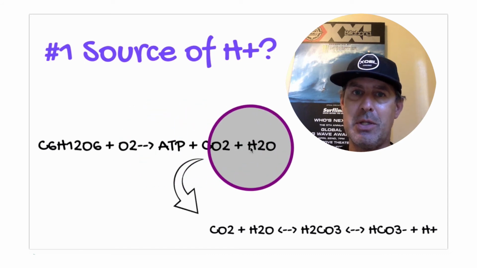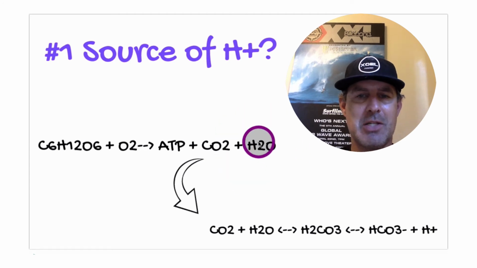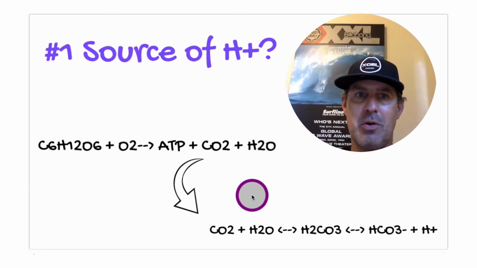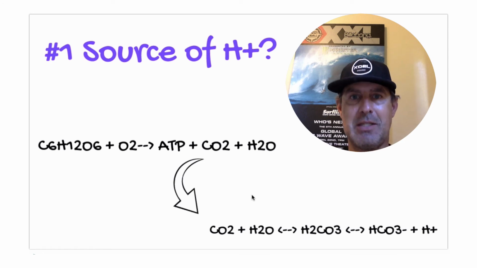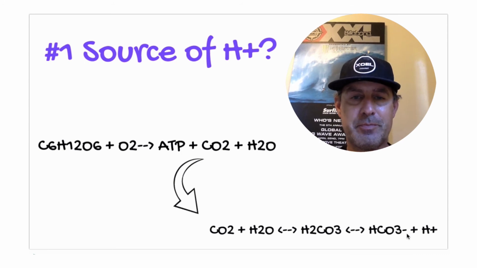This is an incomplete cellular respiration equation, but I just wanted to throw that up there to show the more metabolically reactive our cells are in producing ATP, the more CO2 they are going to produce. That CO2 is going to react with water. And just so we're clear, it's not necessarily this water right here. Our body, once again, is 60% water, so it has no trouble finding a water to react with. When CO2 reacts with water, as we suggested, it makes carbonic acid, bicarbonate, and the hydrogen ion.